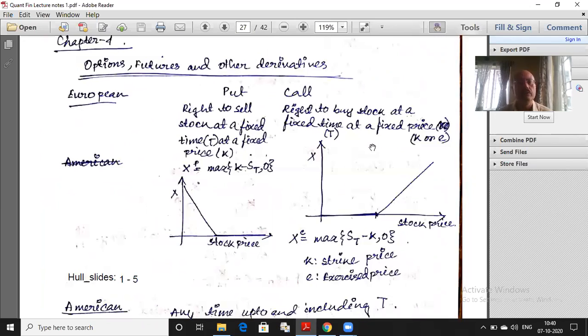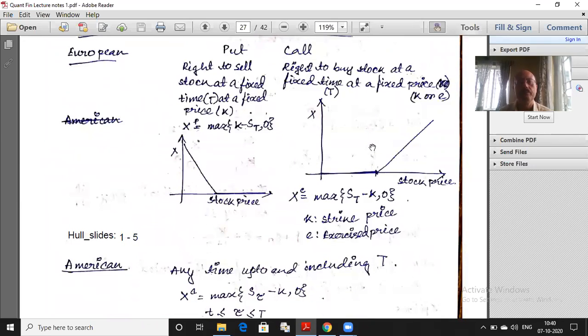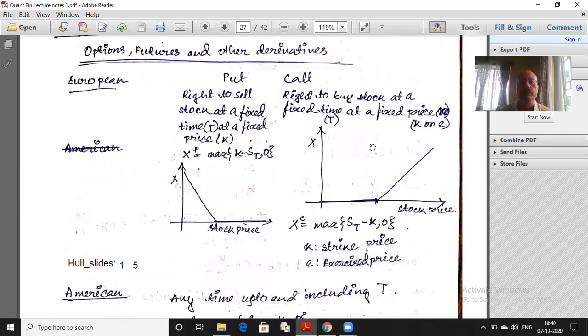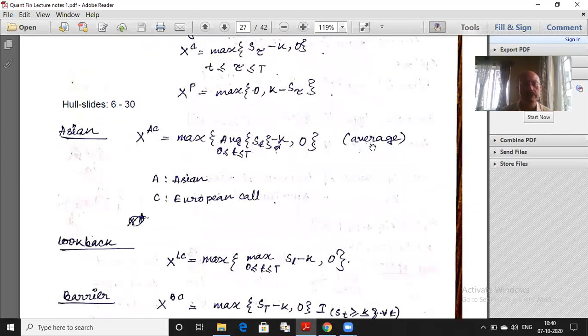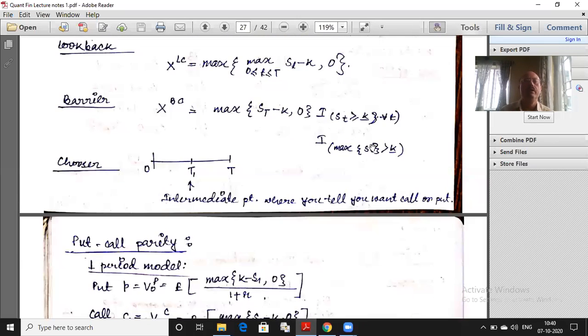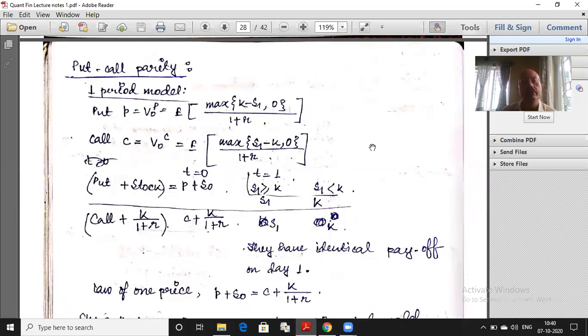What we have done so far on chapter 4 is we have talked about the different option contracts which are available in the market, starting with the simple European and American call and put options. We have talked about this important result called put call parity, which helps us in pricing many of the contracts using other contracts.